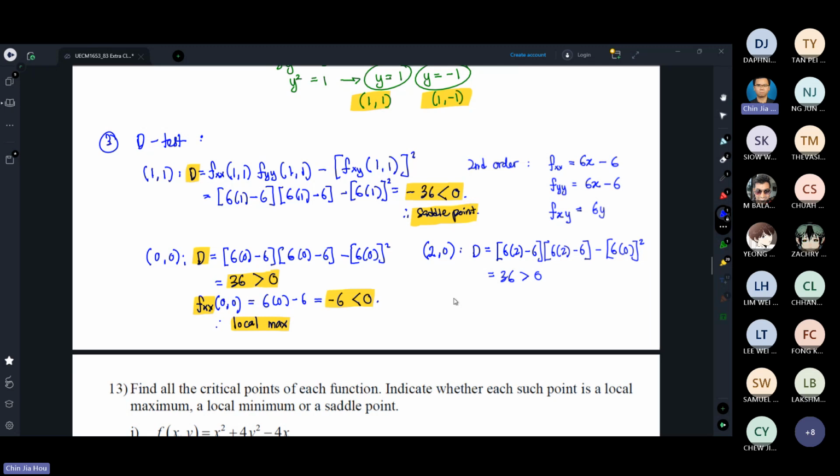When it is more than 0, the next step is to find the fxx. But this time around, when we do the substitution, we find that 2 times 6 minus 6 is 6, which is more than 0. When it is more than 0, so local min.